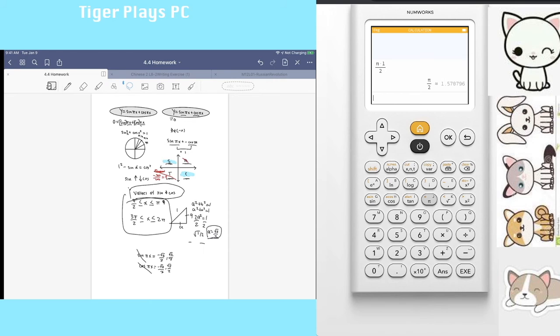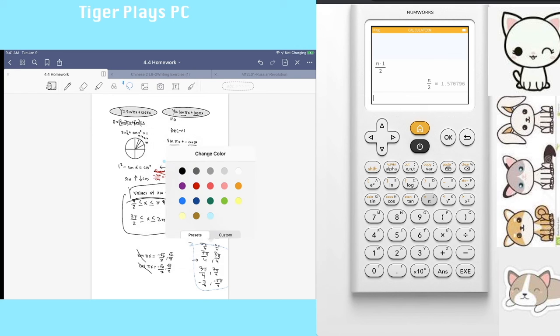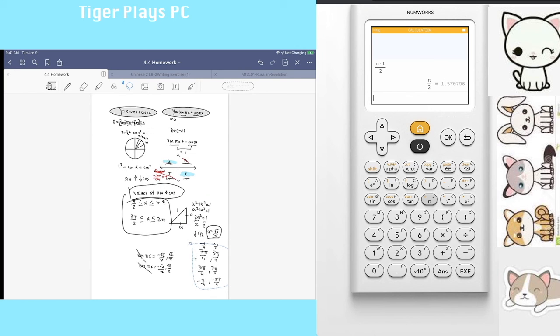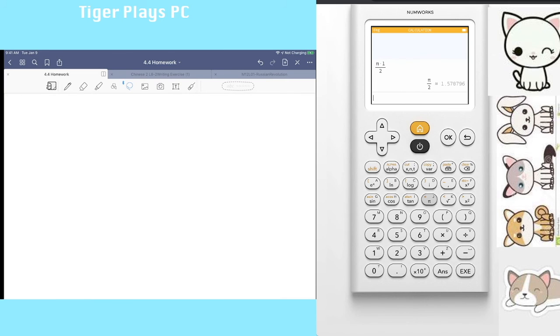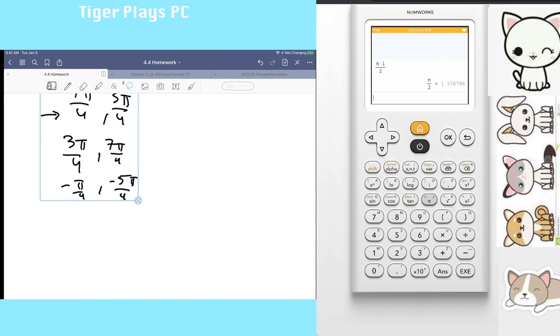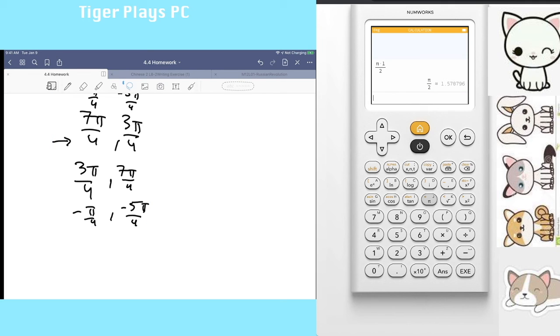Let's take the answers over here. And let's divide each one by pi, because remember it's pi x equals these answers now.